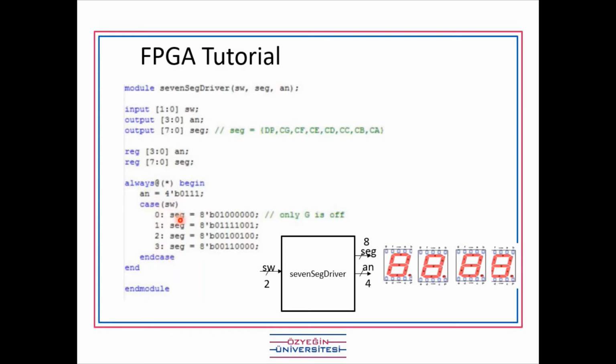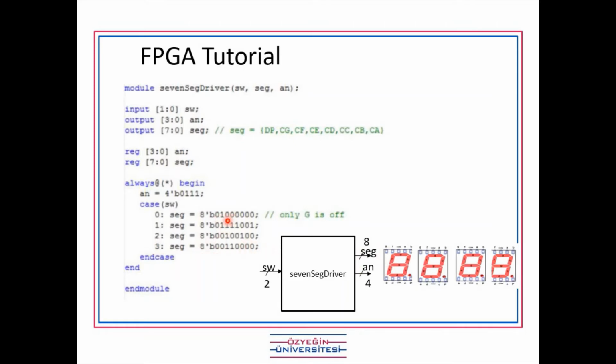And in this part we can see case. This case is used just like if else. Here switch is the controlling element. When switch is 0, seg is set to this. That means when switch is 00, this is 0, this is 01, this is 10, this is 11. This will be displayed on the 7 segment.